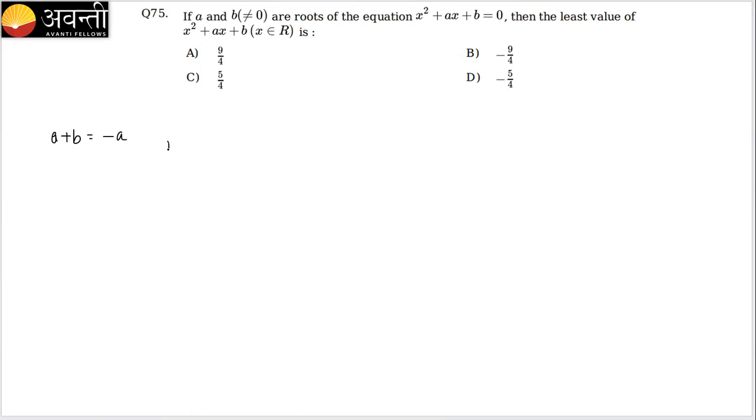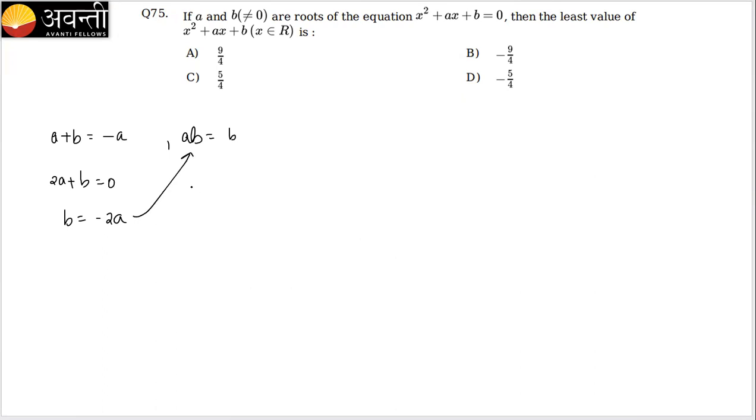And the product of the roots, AB, is equal to B. So here I can get 2A plus B is equal to 0, so I can write B is equal to minus 2A.